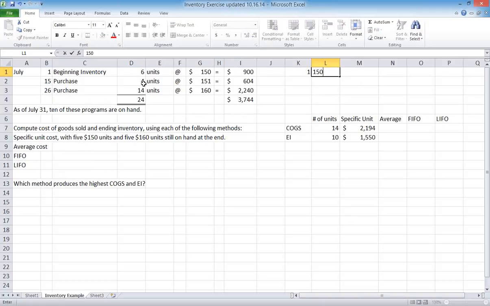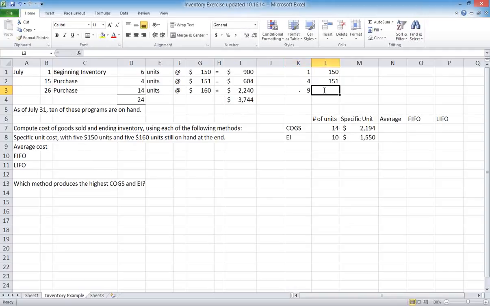And if I didn't sell any of the 4 at 151, and I would have sold 5 of these 14, so I sold 9. I sold 5 of them, or I still have 5 of them, so I sold 9.